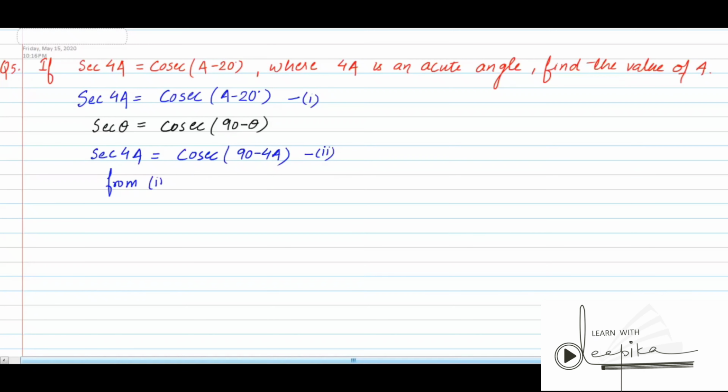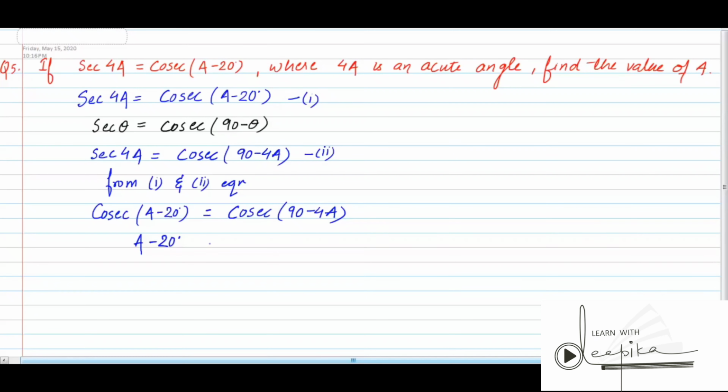From first and second equation, you can write cosec A minus 20 degree is equals to cosec 90 minus 4A. From this we can write angle A minus 20 degree is equals to angle 90 minus 4A.